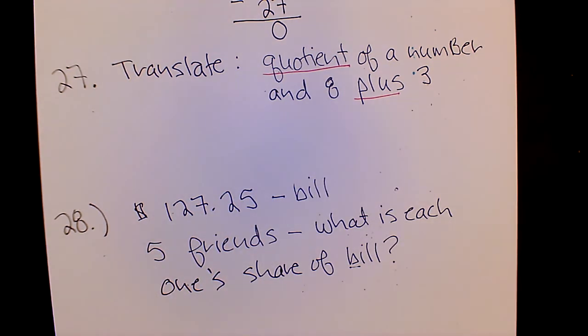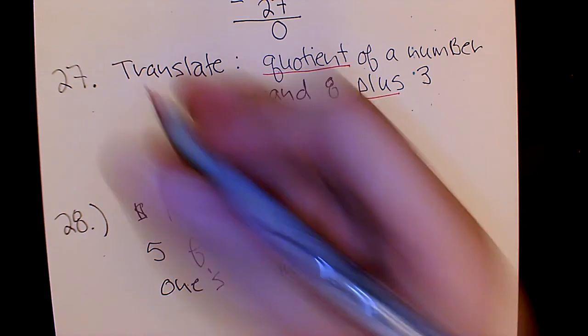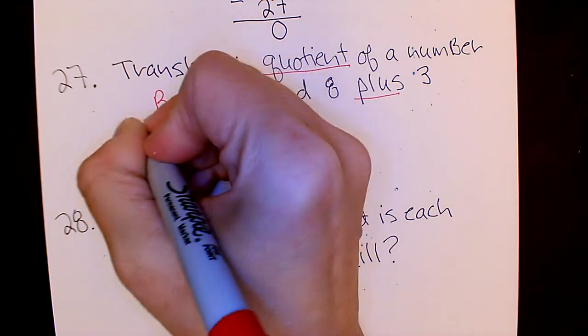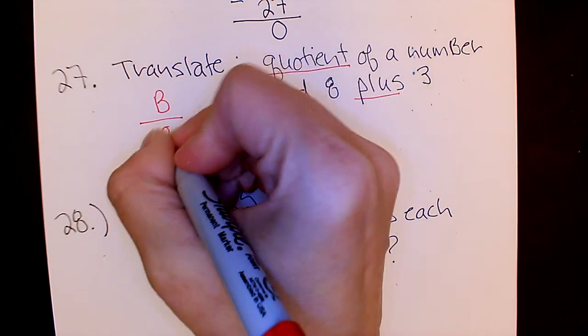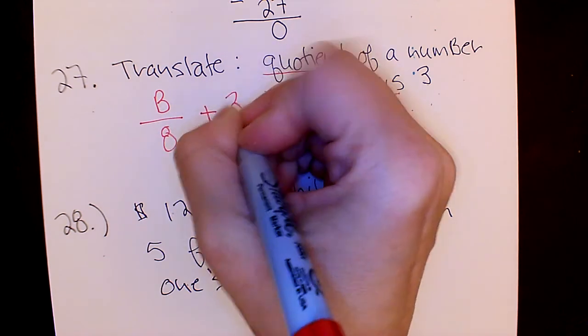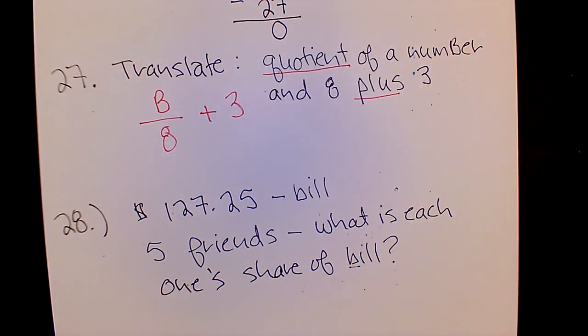And for the number, you can use any letter you want. X, A, B, C, any letter you want. So the quotient of a number and 8, so let's say B divided by 8 plus 3. And you can use any letter.